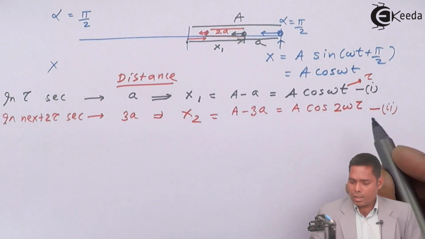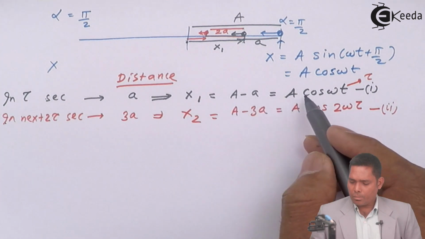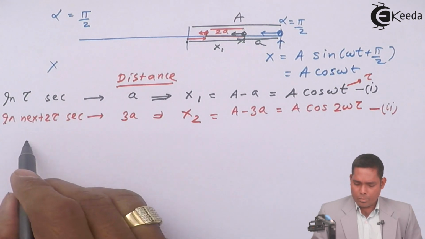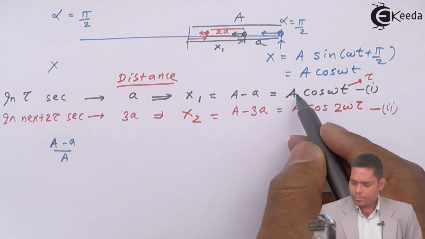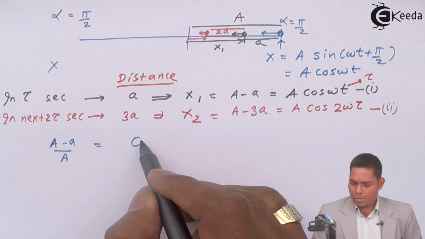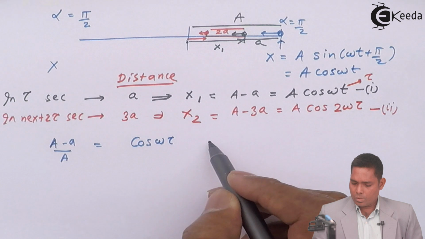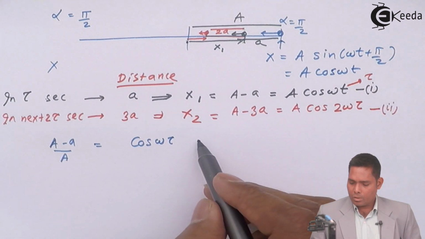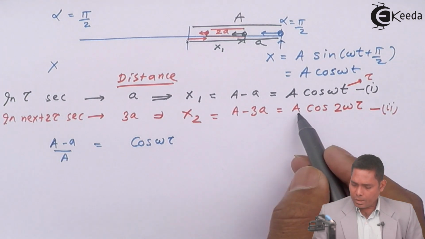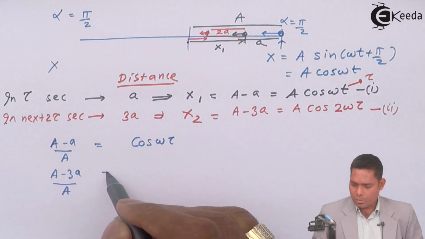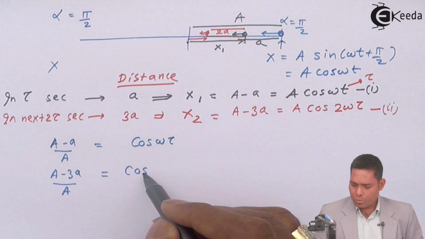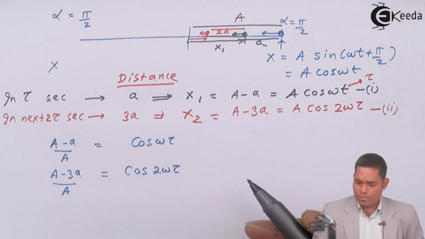From 1, I'll write a minus a divided by a comes out to be cos of omega tau, because I put t equals tau, this is 1, and from here I'll get a minus 3a divided by a equals cos of 2 omega tau.